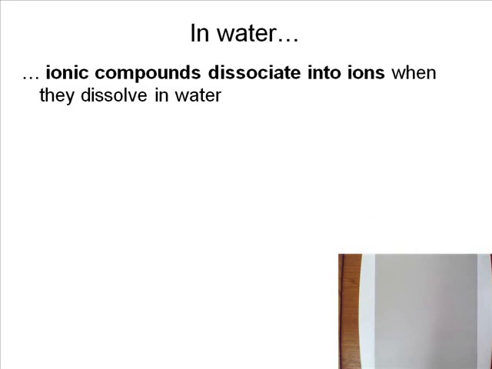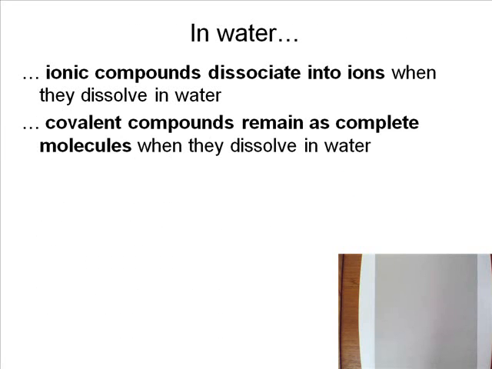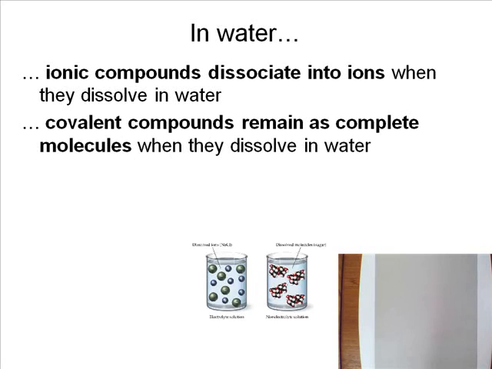Therefore, in water, ionic compounds, meaning those that tend to form plus or minus ions, will dissolve very, very well in water. Covalent bonds remain as complete molecules when they're dissolved in water.